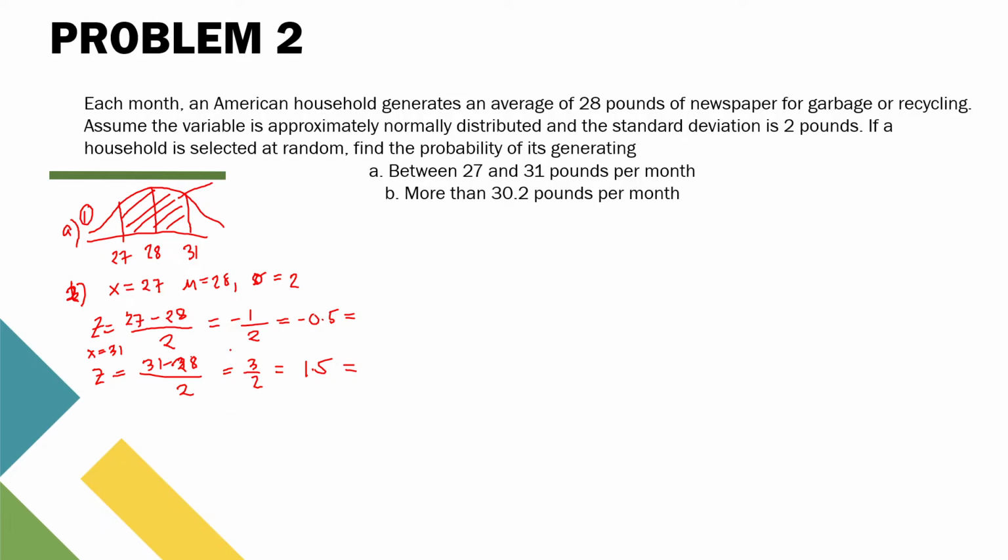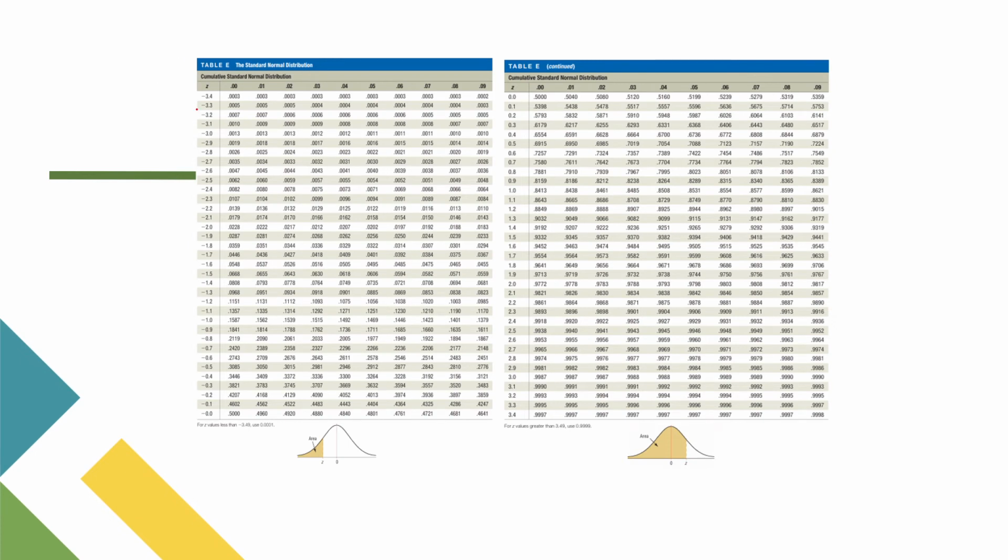So what is the area of this one? First is negative 0.5. So let us locate negative 0.5 here. Okay, negative 0.5 is this one. 0.5, this one.